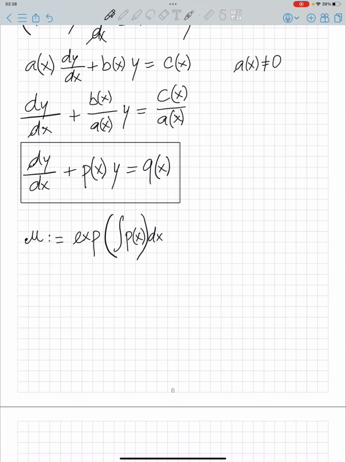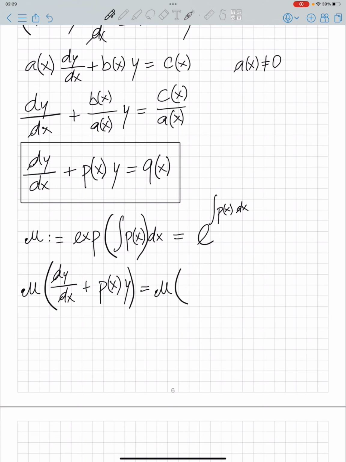So this is basically exponential, so e to the power integral of p of x dx, right? Now we're gonna multiply both sides of our equation here by this mu here, right? Let's do that. So we have mu times the left hand side, which is dy dx plus p of xy is equal to mu times q of x, right?